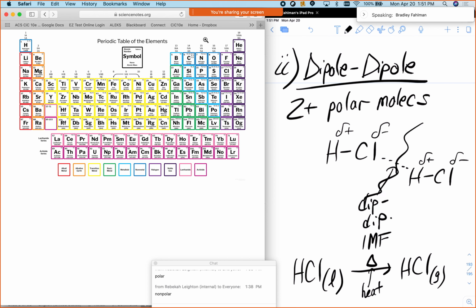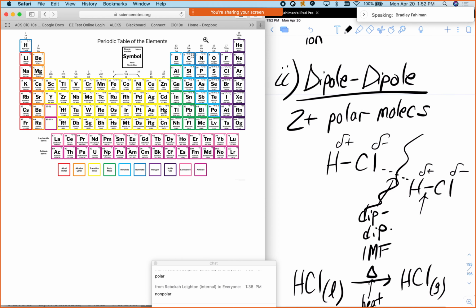Those are the weakest. That's why we draw them with dashed lines. So when you boil something, you are only breaking its intermolecular forces, not the intramolecular. That takes a lot more energy. You have to hit it with a laser or something with a lot more heat. All right, so that is between two or more polar molecules.